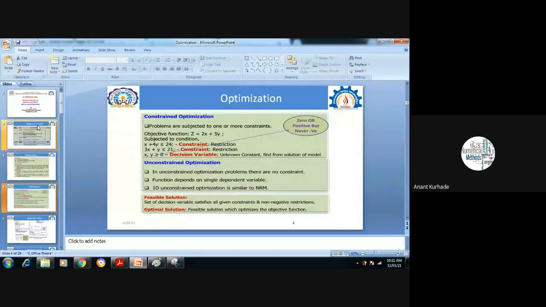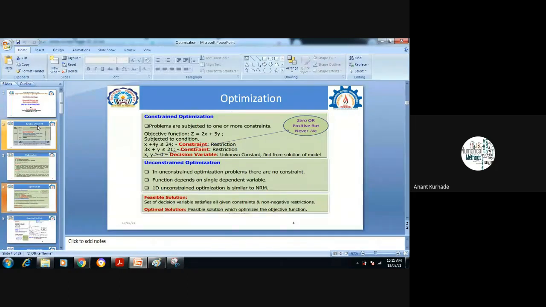In order to formulate the linear programming problem, your first step is to define the decision variables: what is meant by x and what is meant by y. Once you define these decision variables, you have to put the given problem statement into tabular form, and then write the constraints, the limitations, and then think about the objective function.